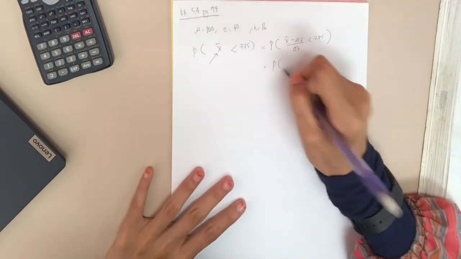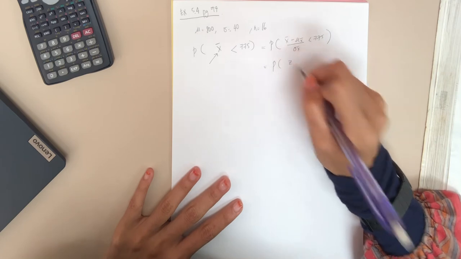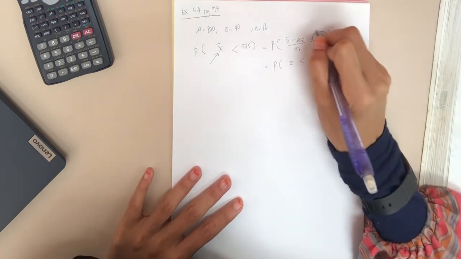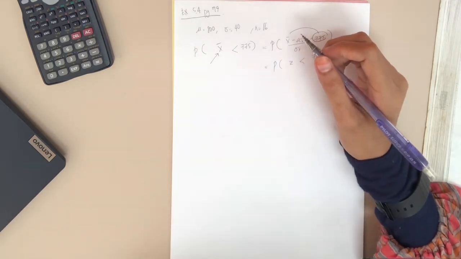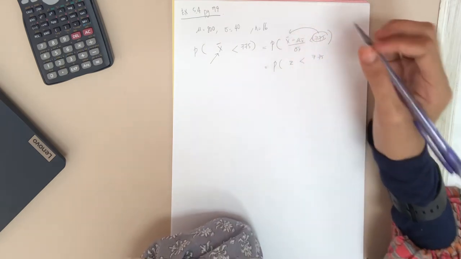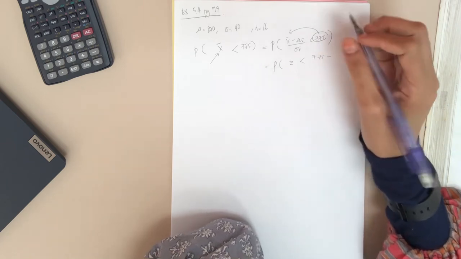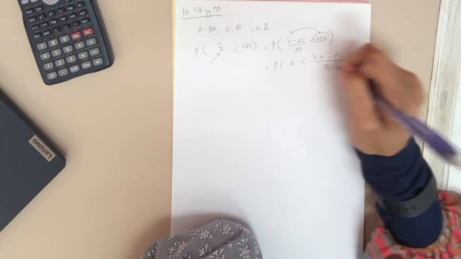So it will be Z less than 775. 775 is your X bar, your sample mean. So 775 minus mu X bar, divided by sigma X bar.